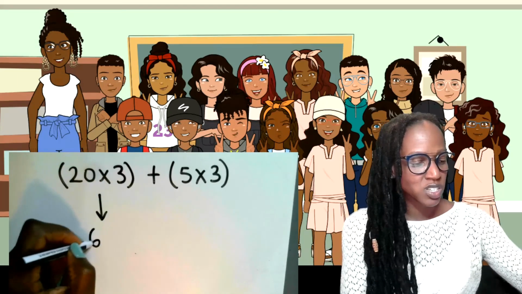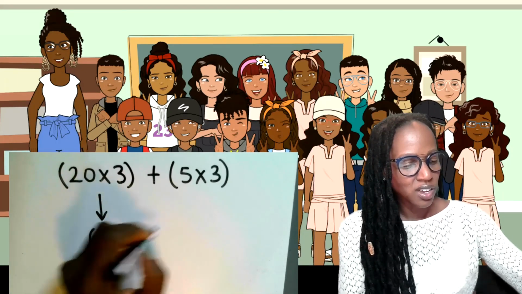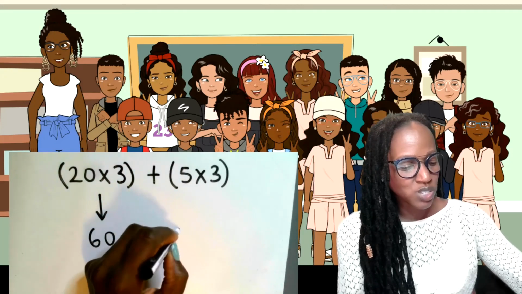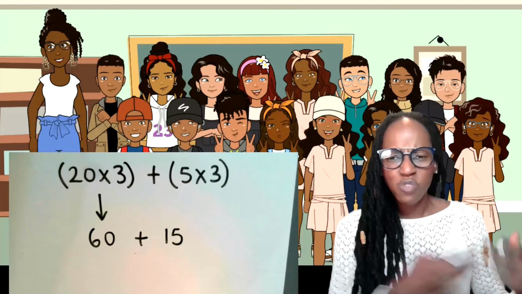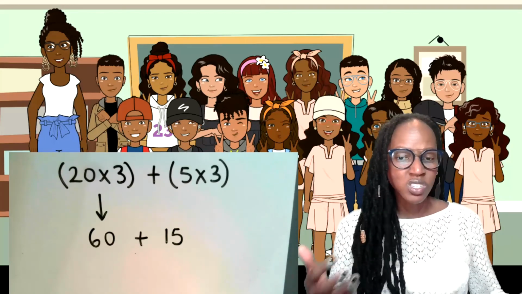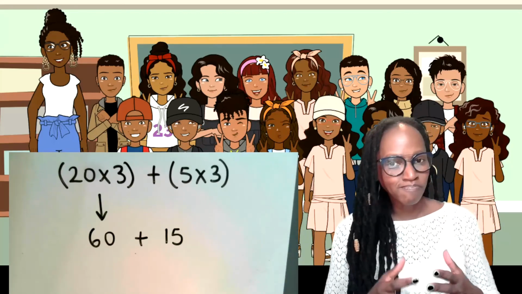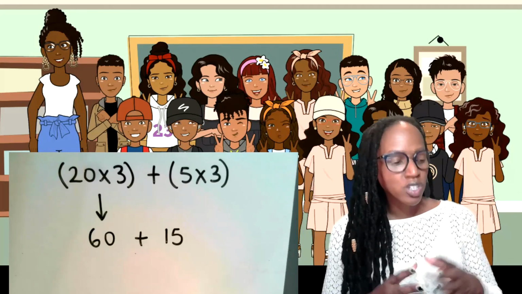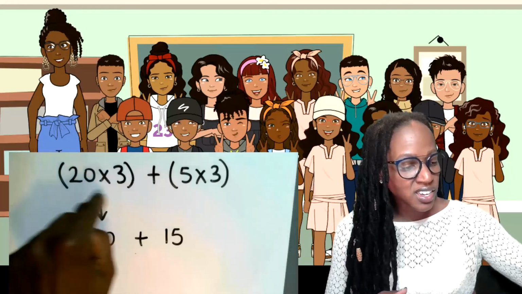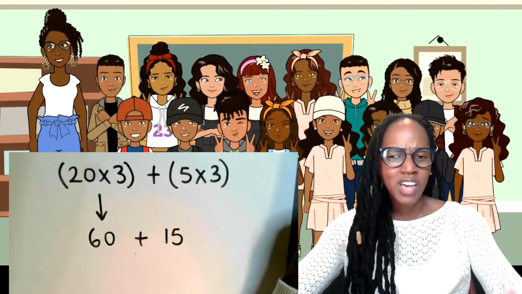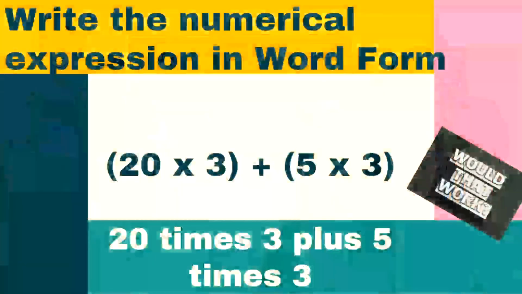20 times 3 gives me 60, okay? 5 times 3 gives me 15. So then I would add them up. So if I'm writing that as a word sentence, I might say, I want you to find the sum of this and this. And here's how I might write it.